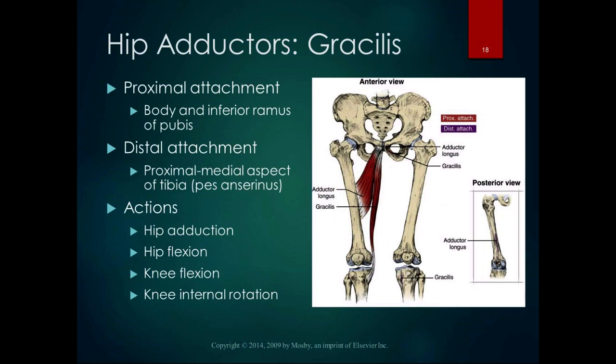I think of it as being like that inside seam of your pants. It does hip adduction. It has the tiniest little line of pull for hip flexion. Obviously, we have other hip flexors that are doing the job. It has the tiniest little line of pull for knee flexion, but we have other knee flexors that are doing the job. It also has a little teeny stake in knee internal rotation. And it is innervated by the obturator nerve.